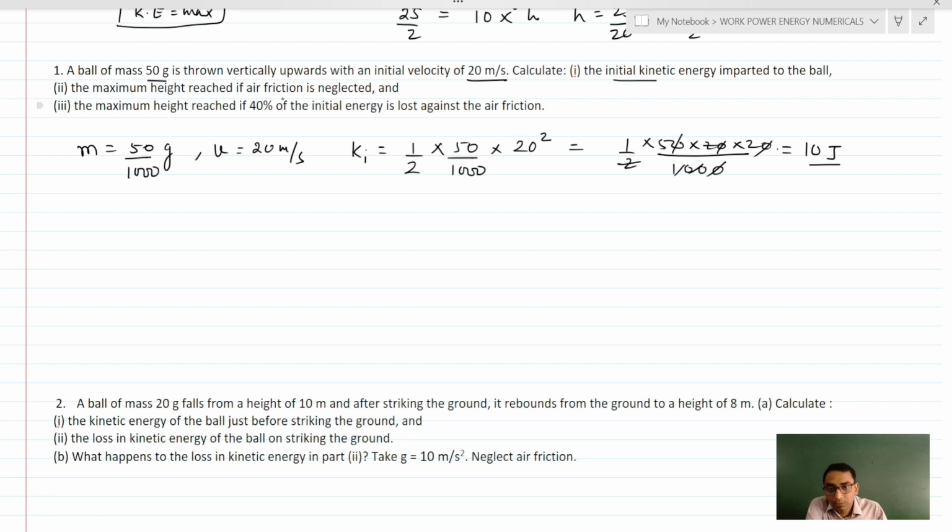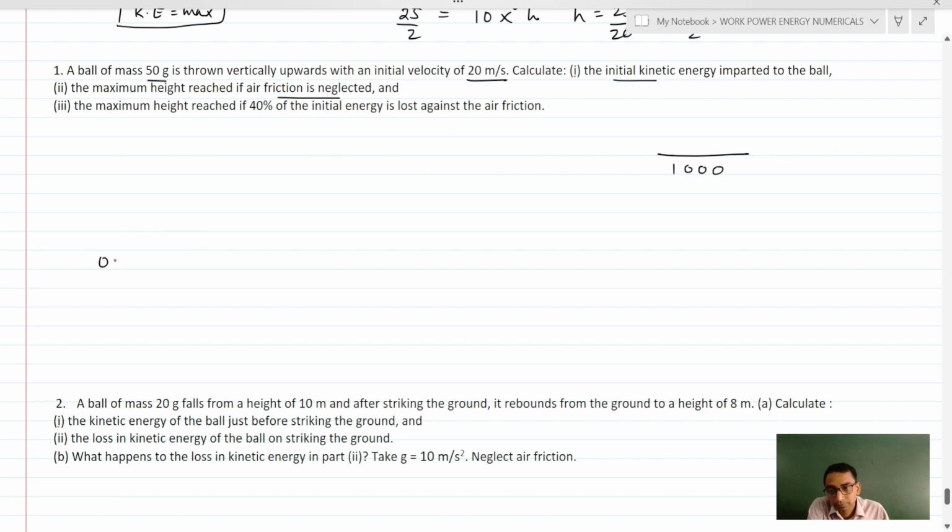Maximum height reached if air resistance is neglected. So that means the total energy at the bottom, which is the entire kinetic energy, as I said before, is 10 joules. That itself is going to be converted into mgh. The total energy at the bottom, which is entirely kinetic, is going to be the total energy at the top, which is entirely potential.